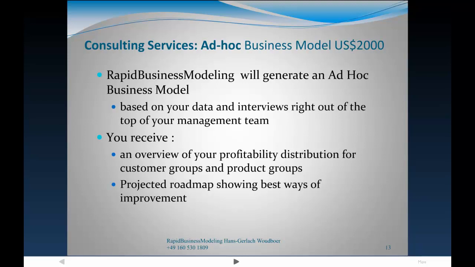That is what you can expect. It all depends a little bit on what is available. The more there is available, like in call centers, you might have already a very good model at that very beginning. So we also would give you a projected roadmap showing the best ways for improvement based on those potentializer stories, and you get a lot of bang for the buck.